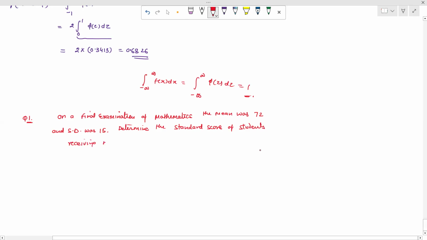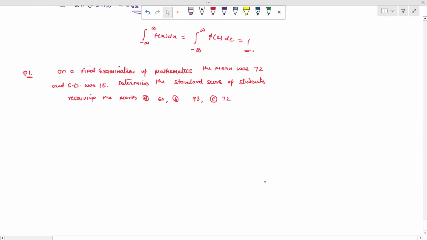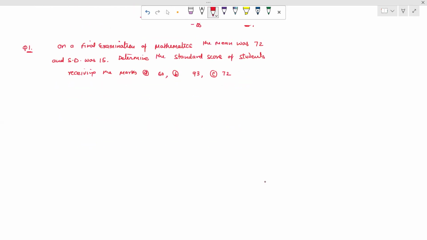Receiving the marks 60, 93, 72. So here we just do one thing, that means we have to convert these values into the Z score, Z value. So these are the random variable X values.